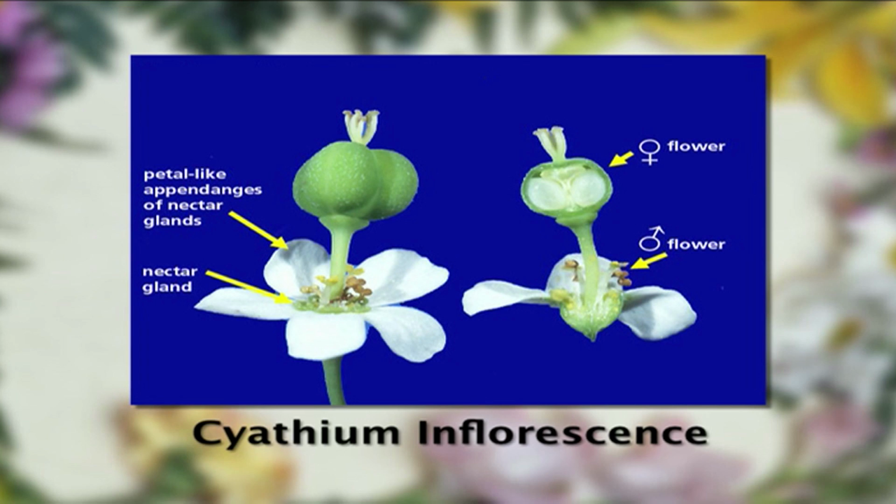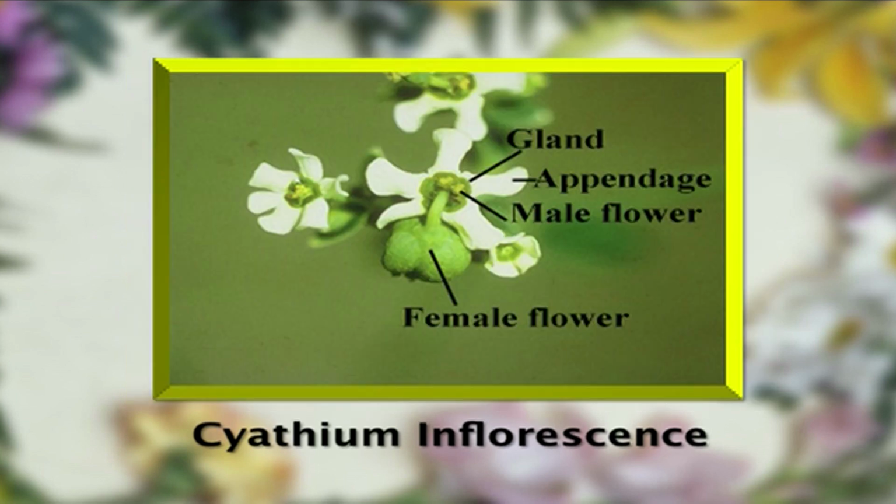The involucral cup bears one or more nectariferous glands at its rim and completely encloses a large number of male flowers and a single centrally placed female flower. Each male flower is represented by a single stamen borne on a short or long pedicel and contains hairy bracts.